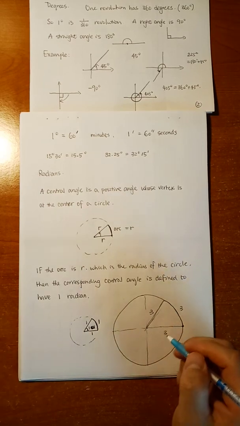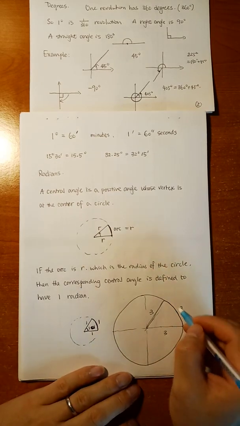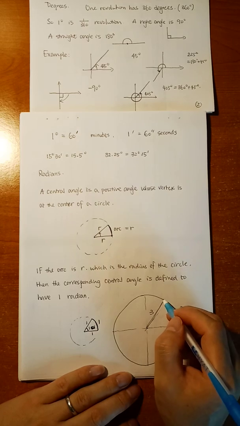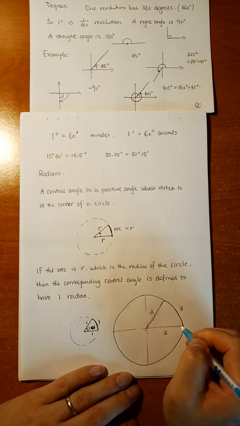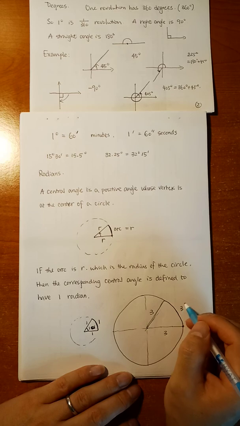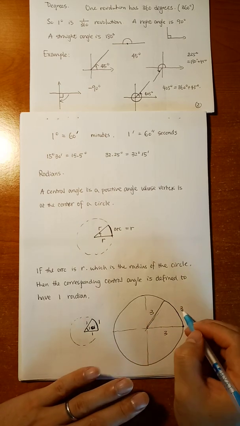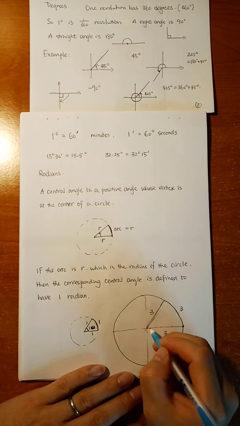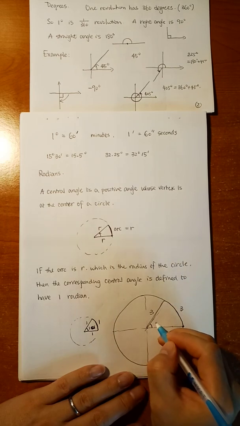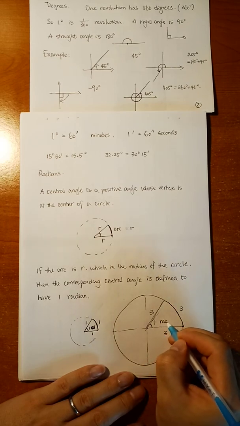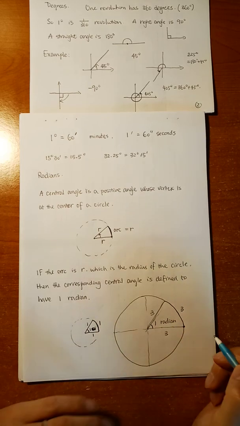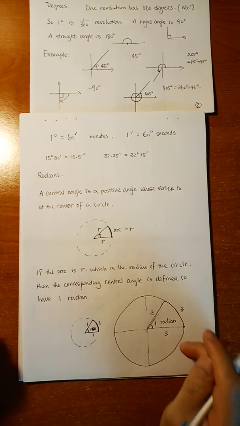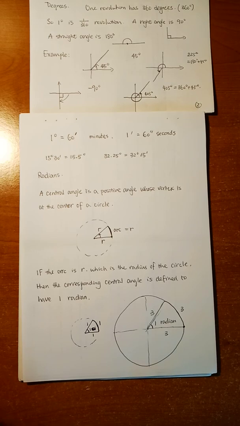If the radius has a unit of 3 meters, then this arc has to be 3 meters. If it's 3 centimeters, this is 3 centimeters. Whatever, the same unit. When the arc is 3, then this central angle is called to have 1 radian.